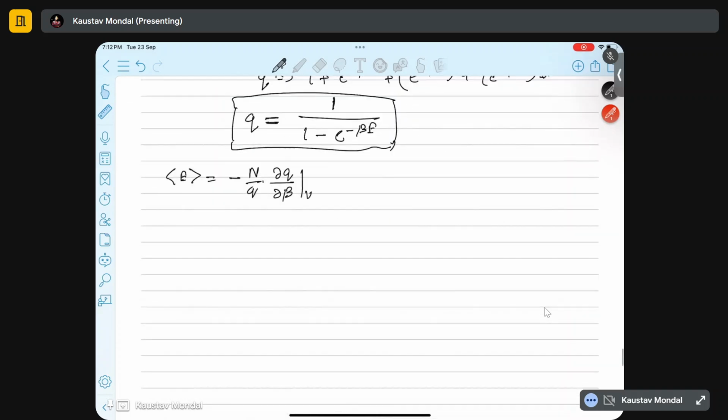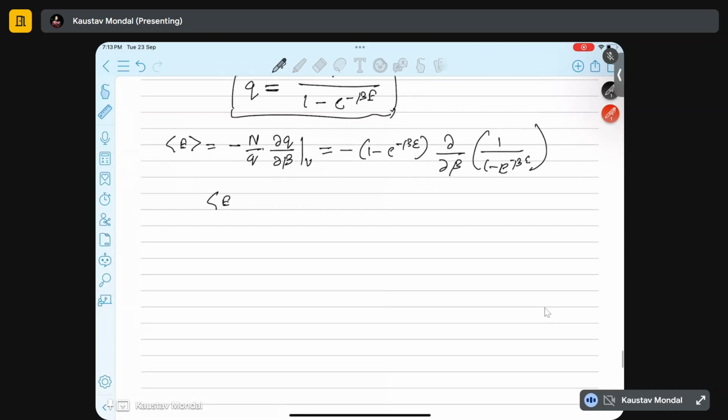If you do this, the 1 minus e to the power minus beta E is outside, so that will give you minus 1 minus e to the power minus beta E. Now del by del beta of 1 by 1 minus e to the power minus beta E, you have to do the derivative here.